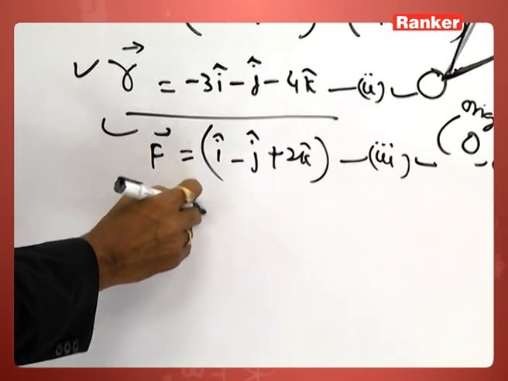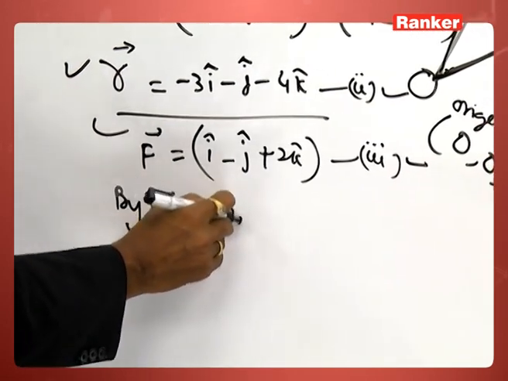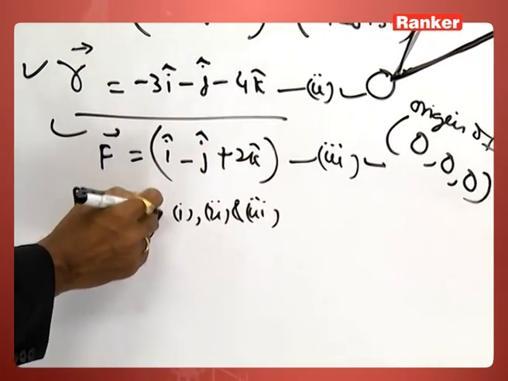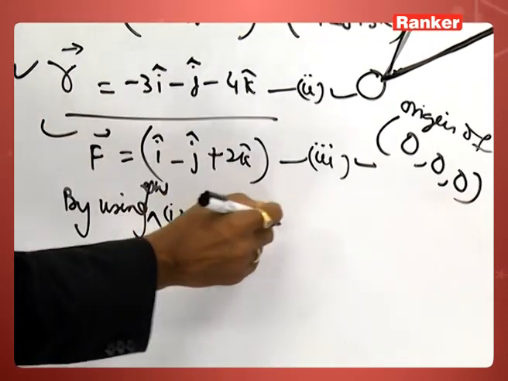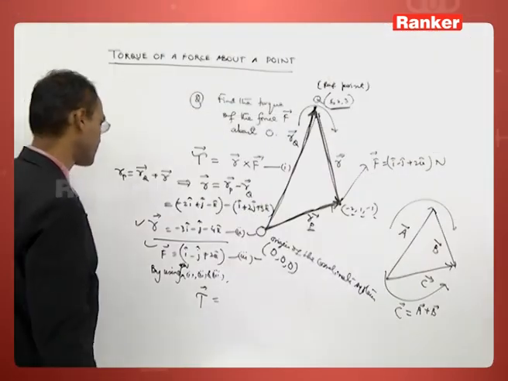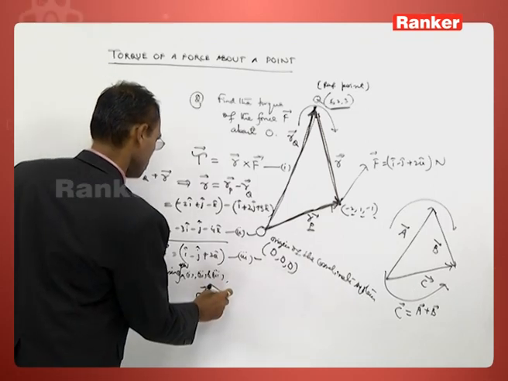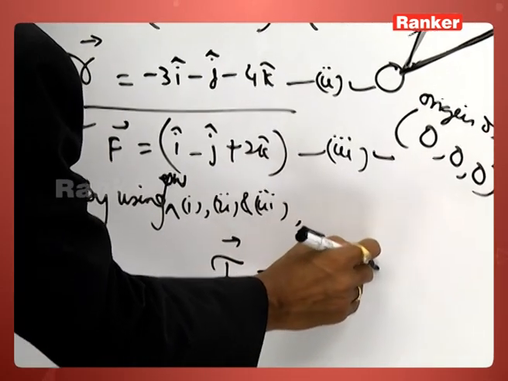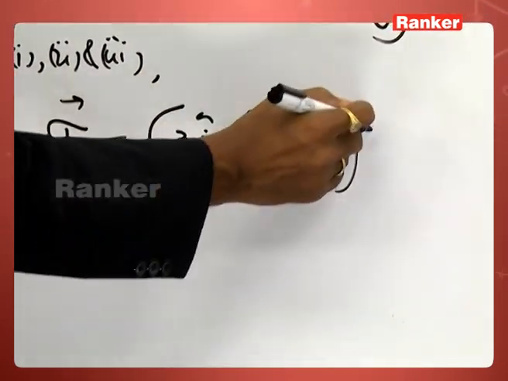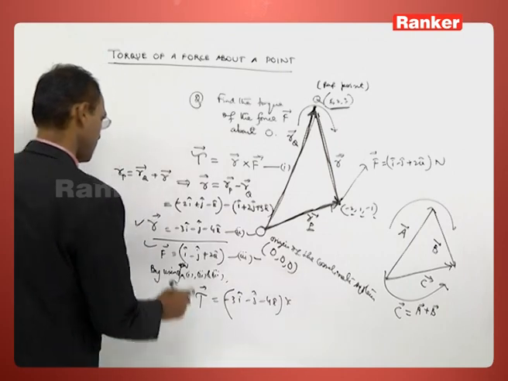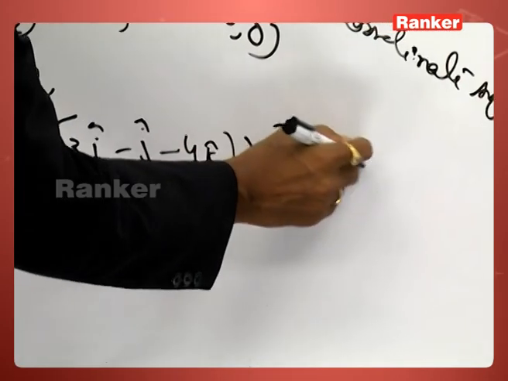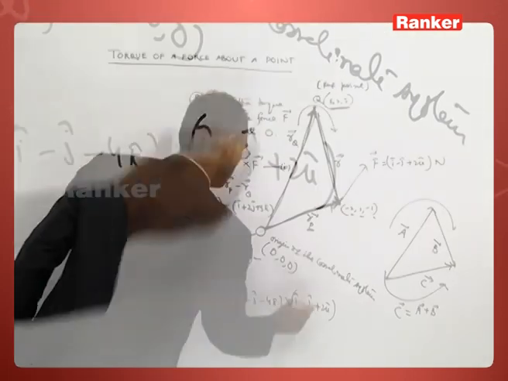By using these three equations, we have tau equal to minus 3 i cap, minus j cap, minus 4 k cap, this is the R vector, cross the force vector, that is i cap minus j cap plus 2 k cap.